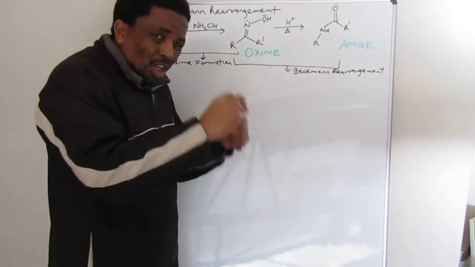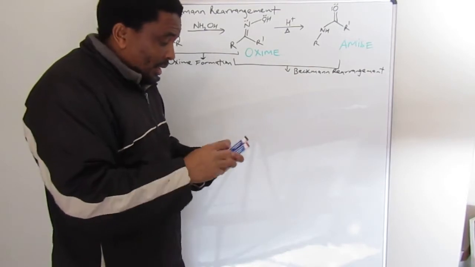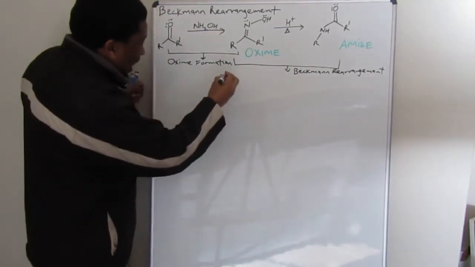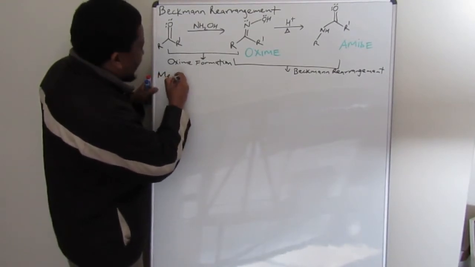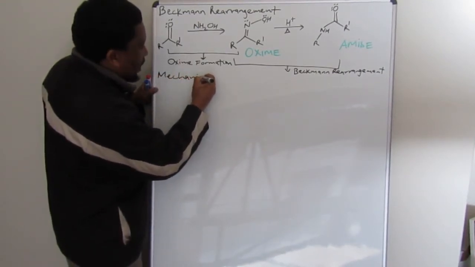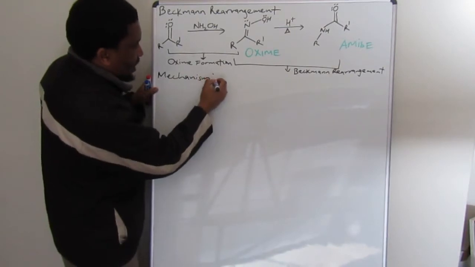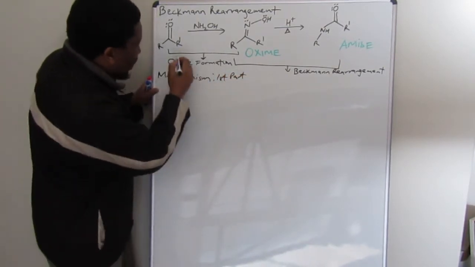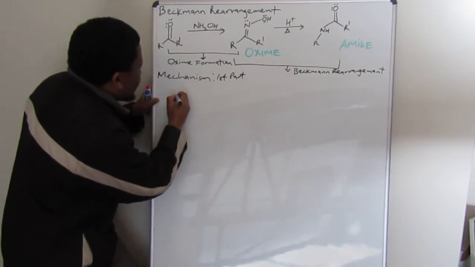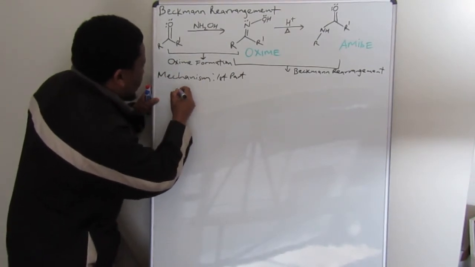Now I would like us to look at the mechanism of the very first step. So if we look at the mechanism of this first part, what happens is you start off with your carbonyl compound.